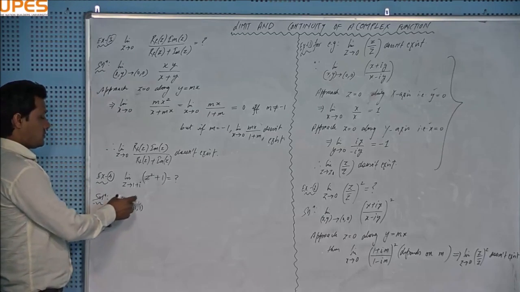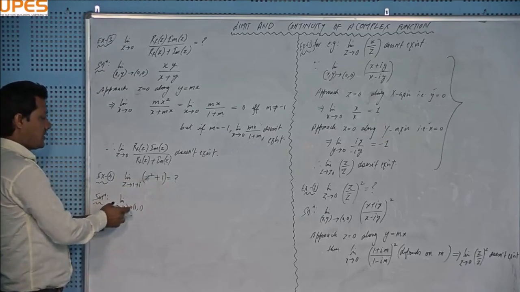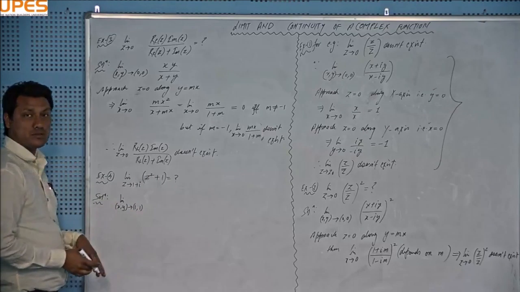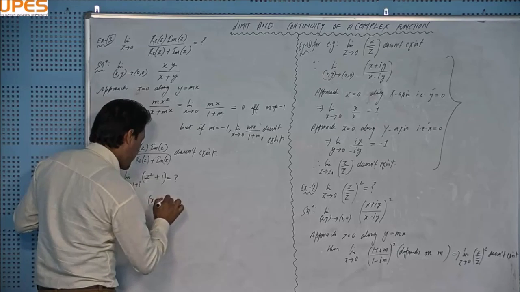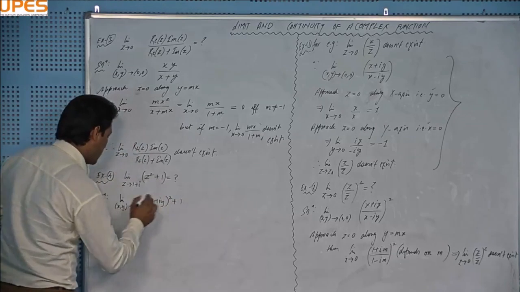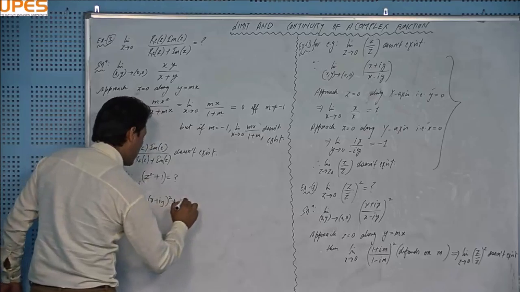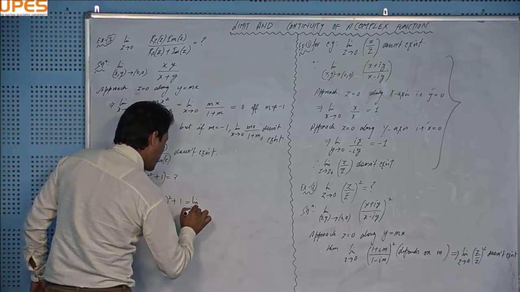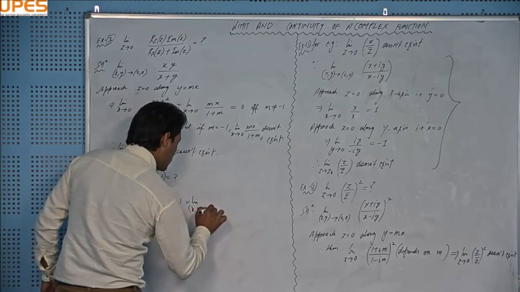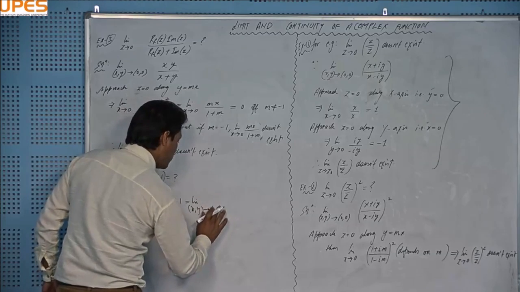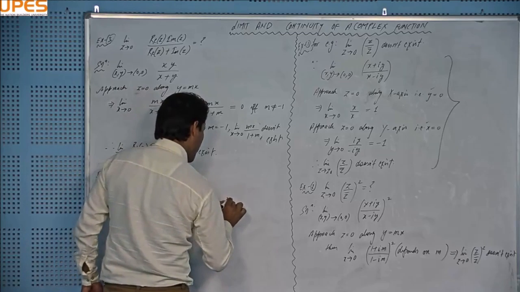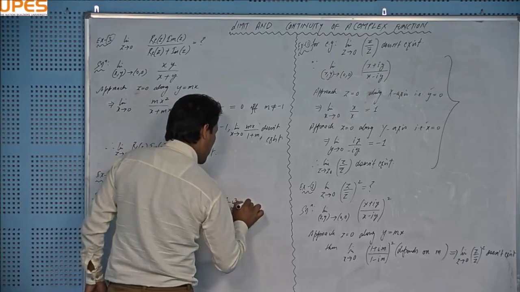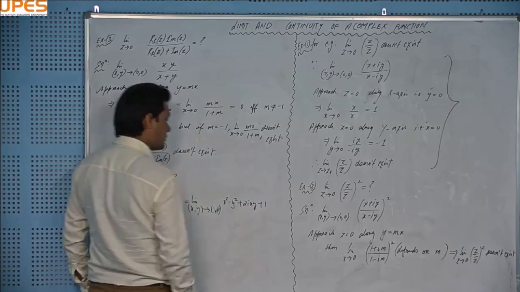And then after writing z equal to x plus eta y and then plugging x equal to 1 and y equal to 1, you'll have x plus eta y square plus 1, and then you will open it. It will give you limit x y tends to 1 1, and this will give you x square minus y square plus 2 eta xy plus 1, right?